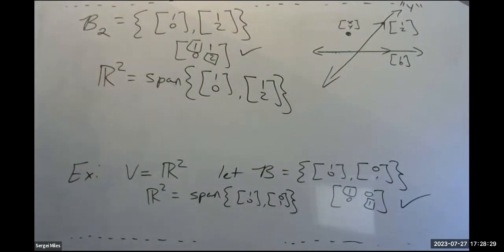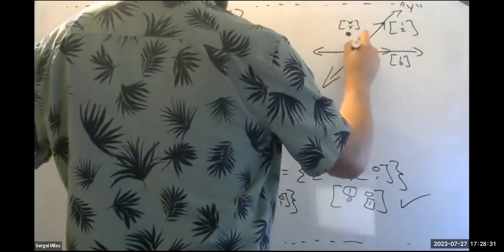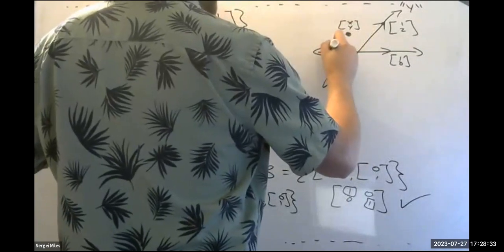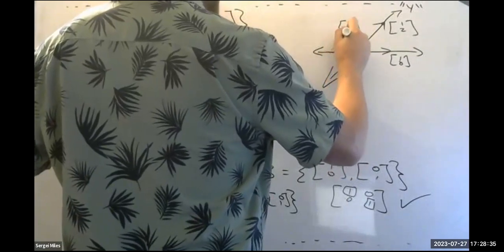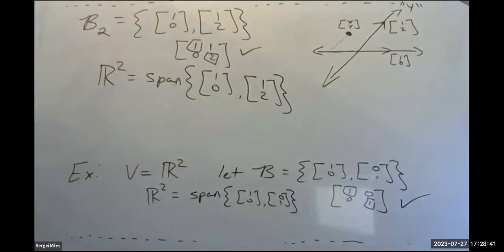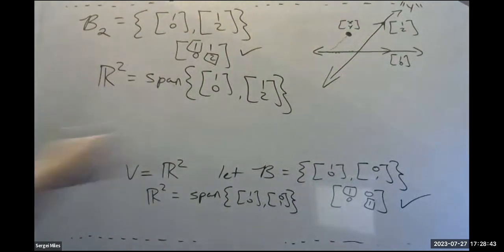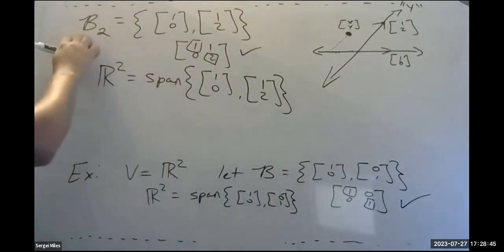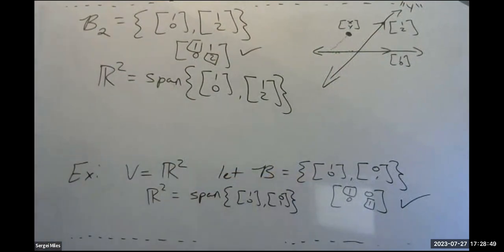But even though it's at a slant, I can travel along this x-axis, and then I can travel in the direction of this new y-axis, and I can still get to whatever point I like. So this is, in fact, a basis for R2, and these are two different bases for R2.